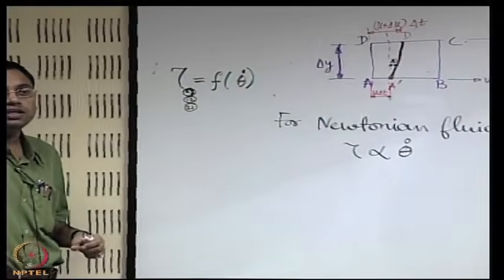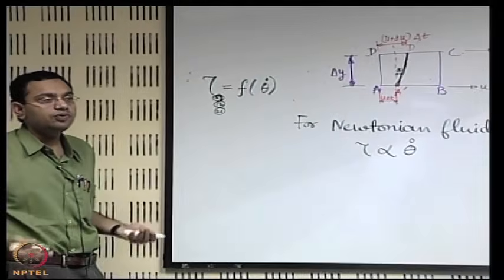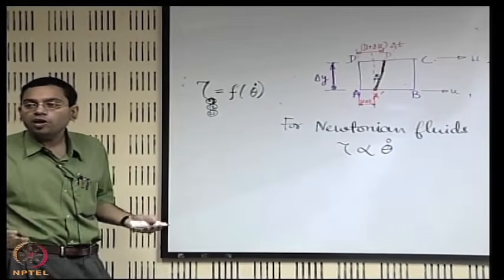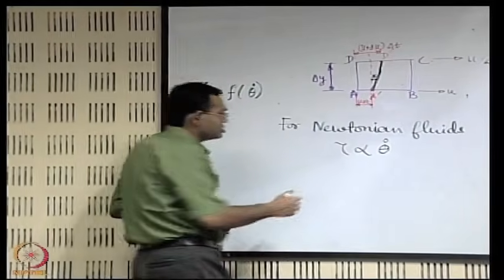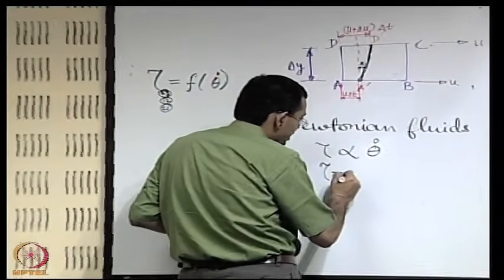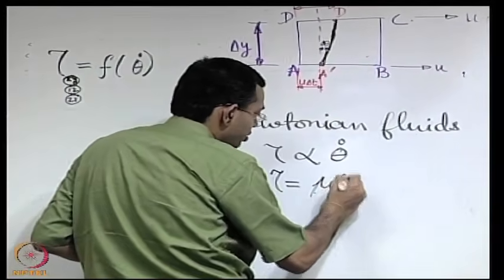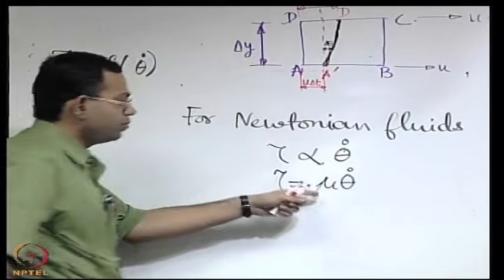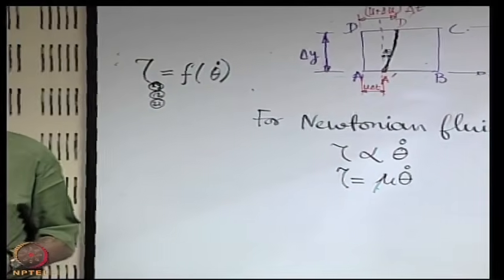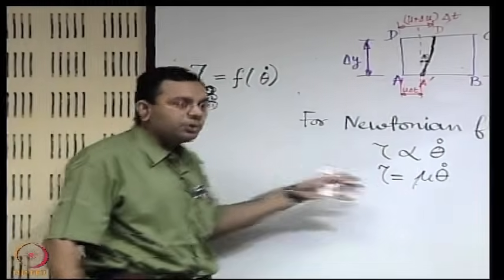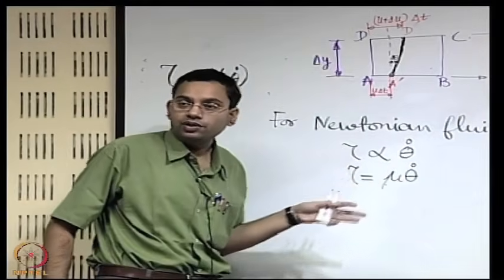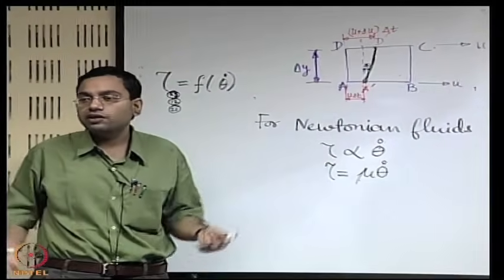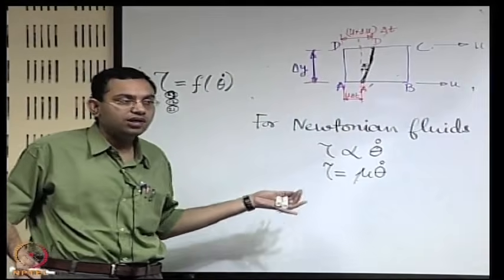This proportionality again should be bridged up with an equality through a material property. Here the material is a fluid, so that is expressed by an equality through a fluid property mu, which is called the viscosity of the fluid. So this is the formal definition of the viscosity of a fluid. Of course, only if it is a Newtonian fluid does this definition work.